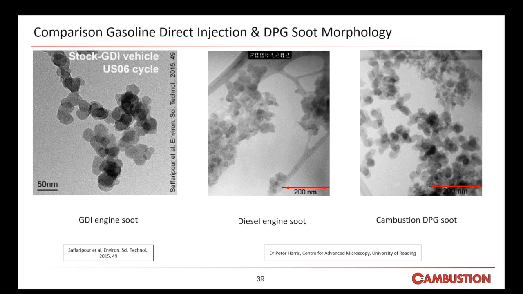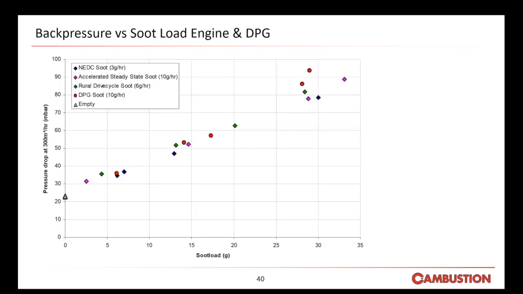There's more to back that up now. So we ran some standard testing cycles, and when compared against the DPG, these produced effectively identical back pressure, except for a very slight increase at high soot loads on the DPG. Yeah, this obviously corroborates what we said in the last slide.